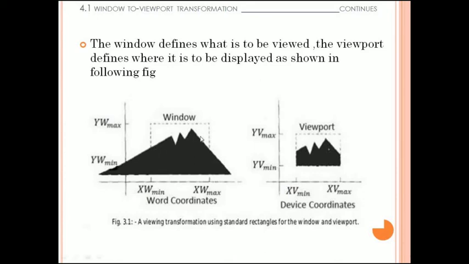Here is the original picture, that is the world coordinate picture, and this is the extended picture. After selection of this window, the work of the device coordinate, that is the viewport, is to clip only the visible area and display it on our screen.